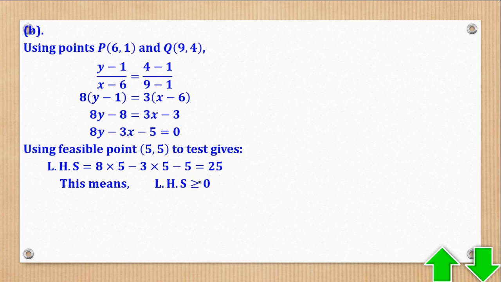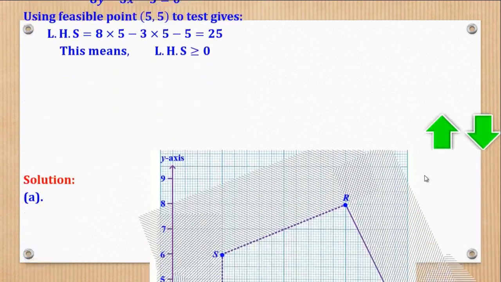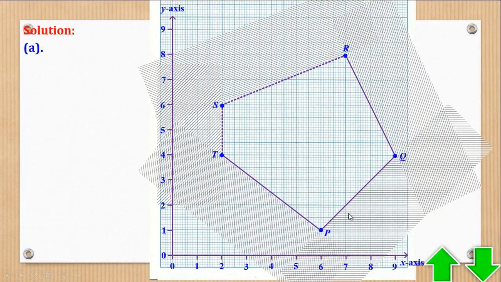Why greater than or equal to and not greater than? Because the line on the graph was solid. If you look at PQ, it was a continuous line. If it was dotted, it would have been just greater than.